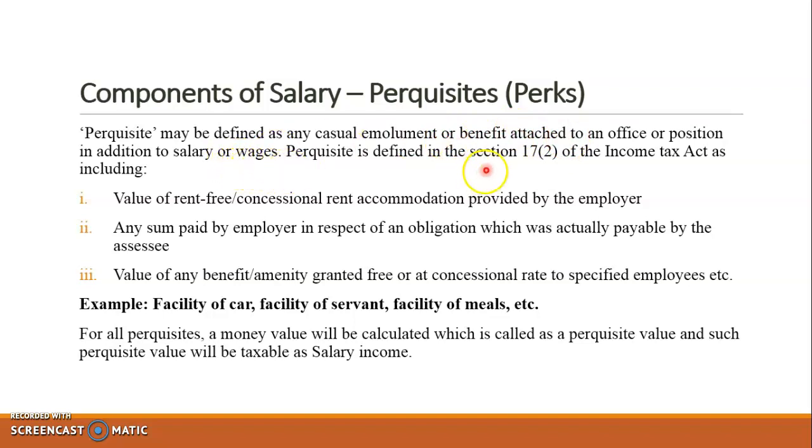As per Income Tax Act section 17(2), perquisite includes the value of rent-free or concessional rent accommodation provided by the employer, any sum paid by the employer in respect of an obligation which was actually payable by the employee, and the value of any benefit or amenity granted free or at concessional rate to specified employees, etc.